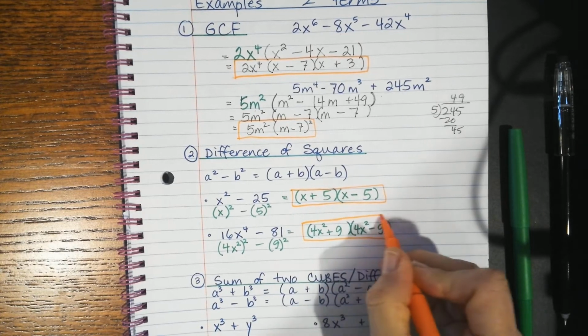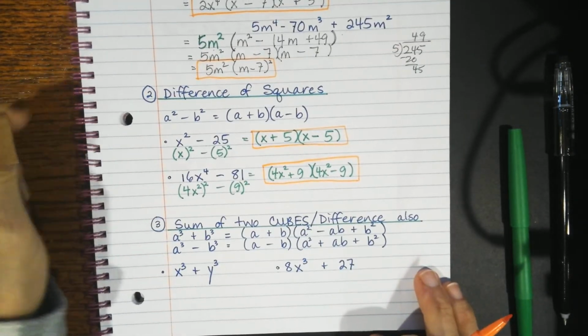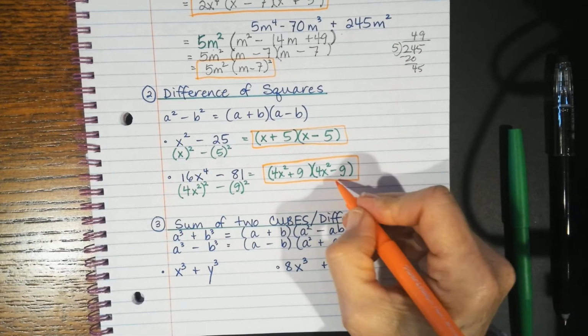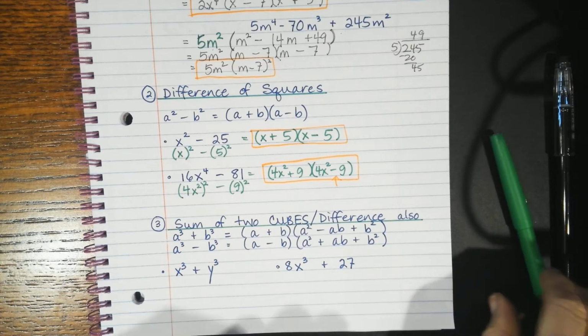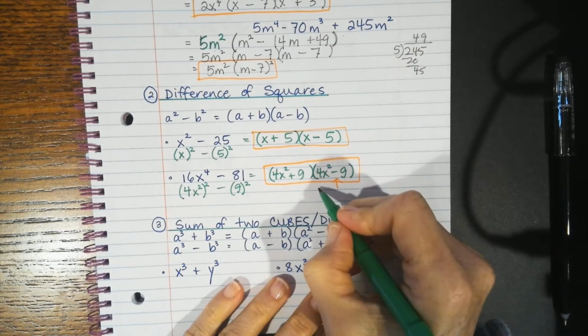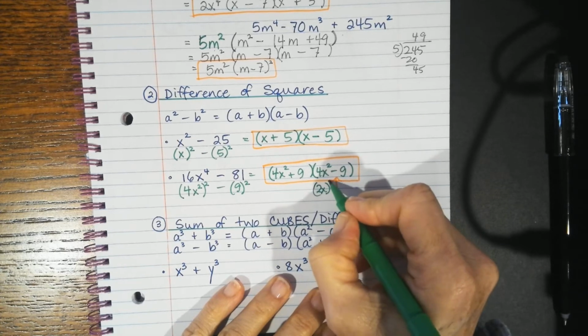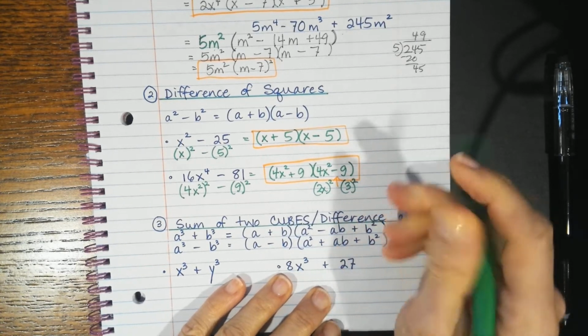Now, that's how you apply the pattern, but look, you can even do it again, because this right here is the difference of squares. So this 4x squared is actually 2x times 2x, and this 9 is a 3.